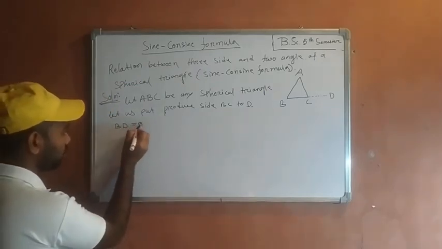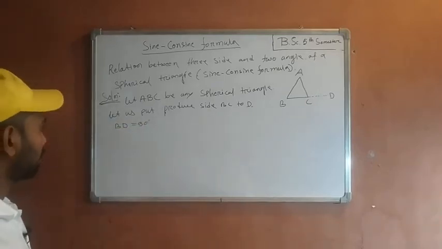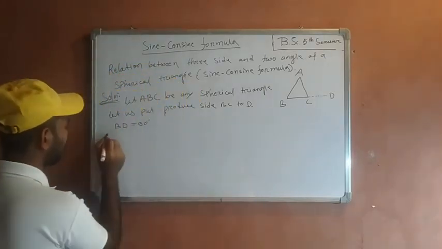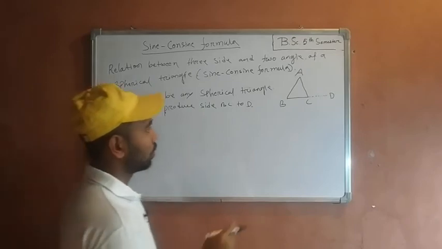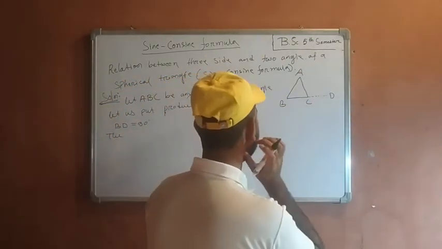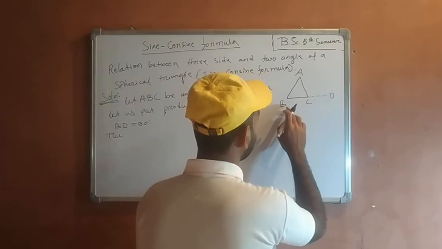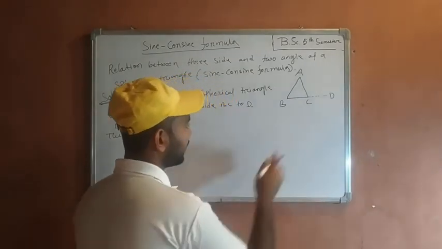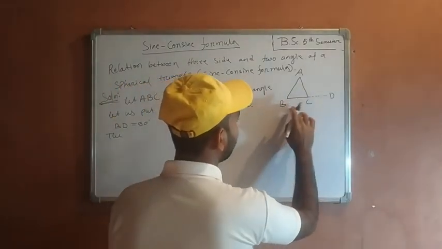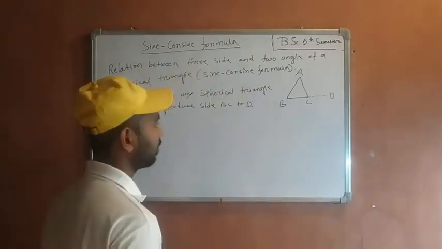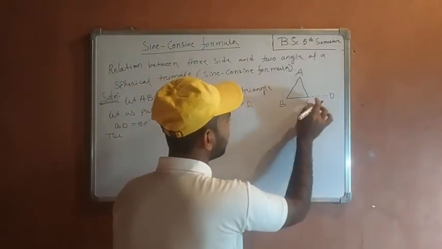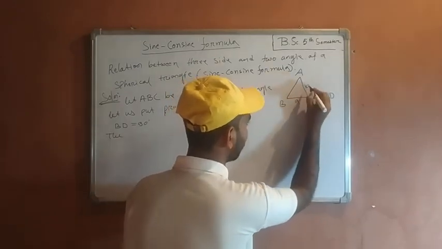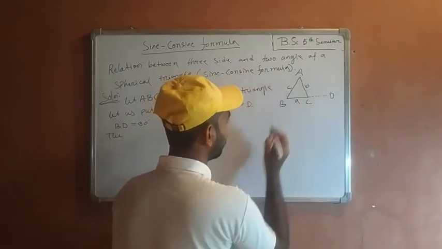So BD equal to 90 degrees, and when ABC is the triangle and BC is produced to D, then CD equals BD minus BC. Now easily I am naming these sides AB, BC and AC. BC means small a, AC means small b, and AB means small c.